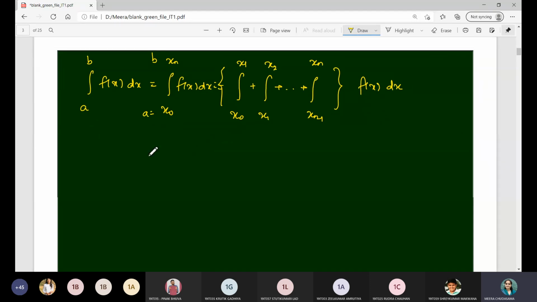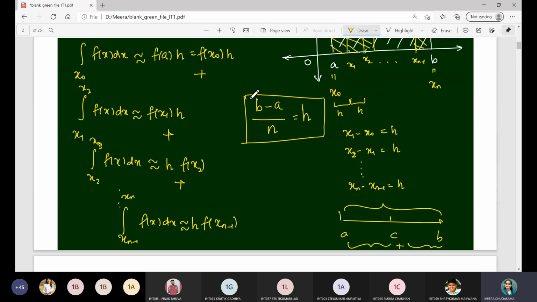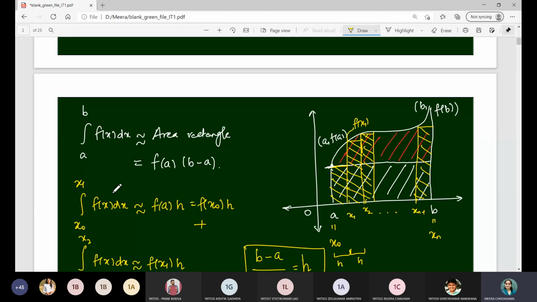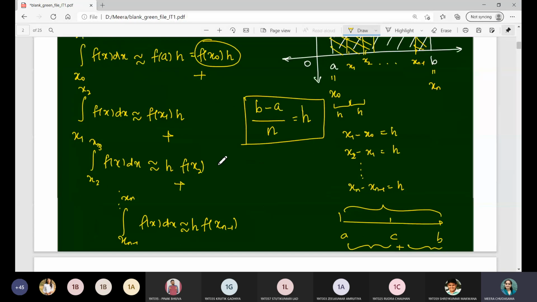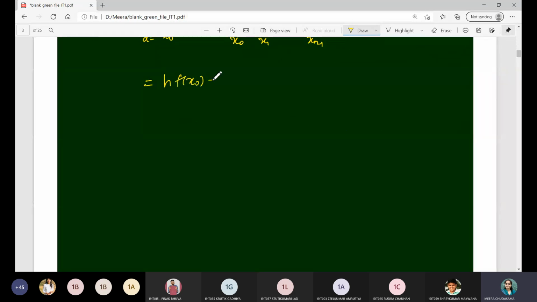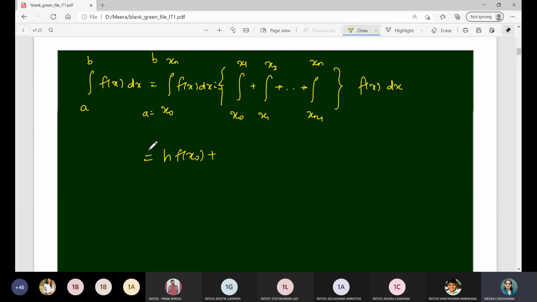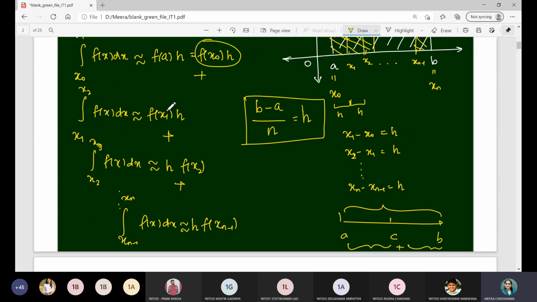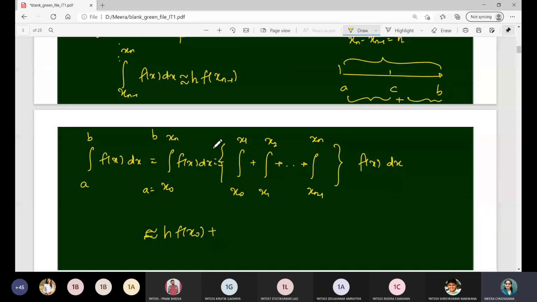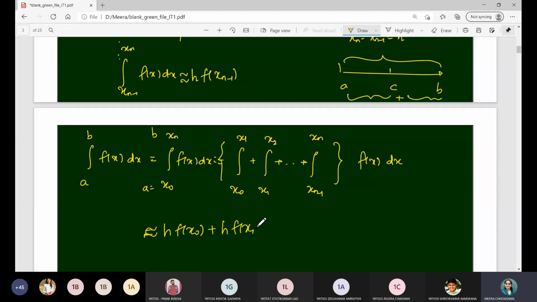So let us substitute h into f of x0 plus the next one, of course I have to use the approximate symbol, then x1 to x2 it is h f of x1, so h f of x1 plus the next quantity h f of x2 plus up to plus, for the last one, we have seen it over here, h f of xn minus 1.